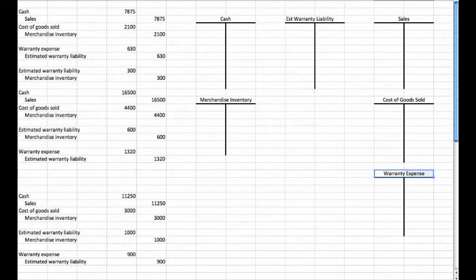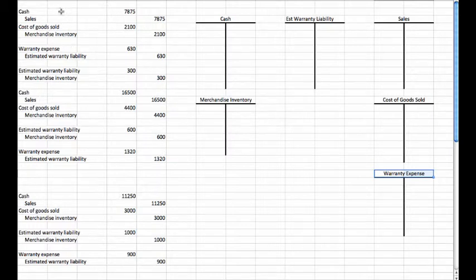So now let's post our journal entries that we've made for the years 2007 and 2008 into our general ledger. Now what I've done here is I've created the T accounts for our general ledger accounts so that they can represent our ledger as we post the debits and the credits. So for instance, let's start with 2007.